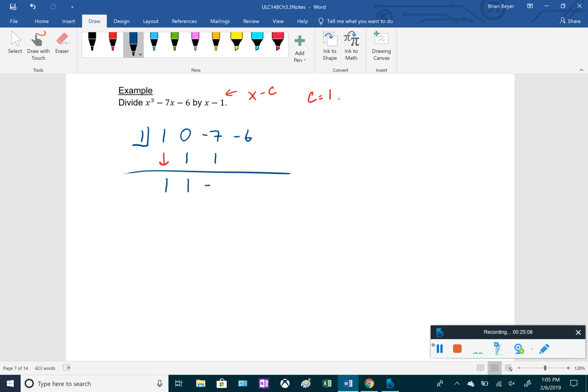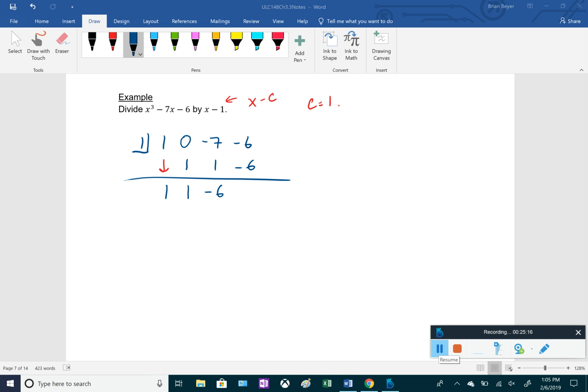Negative 7 plus the 1, negative 6. And then 1 times the negative 6, we get negative 6. And then add down, negative 6 plus negative 6, negative 12. So this is our remainder.